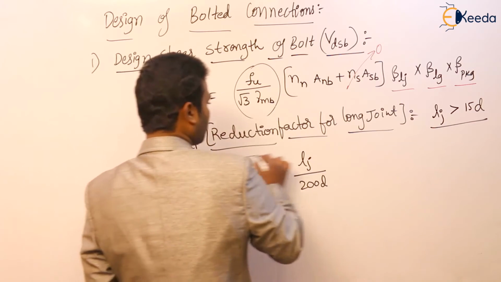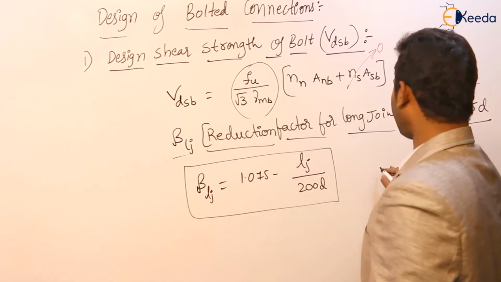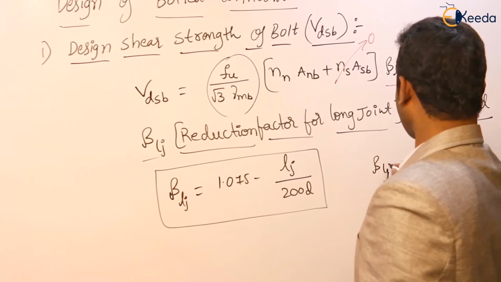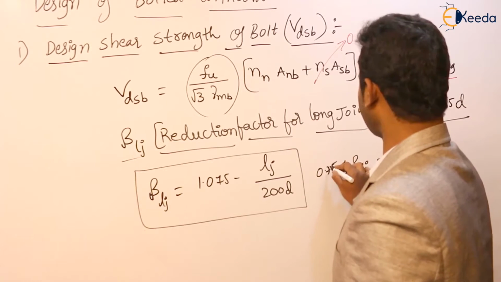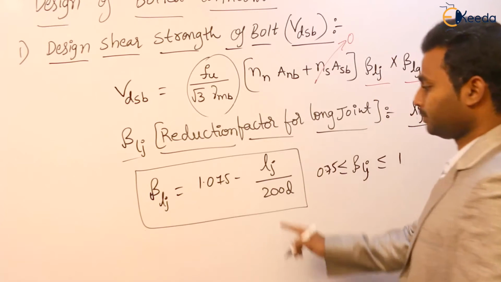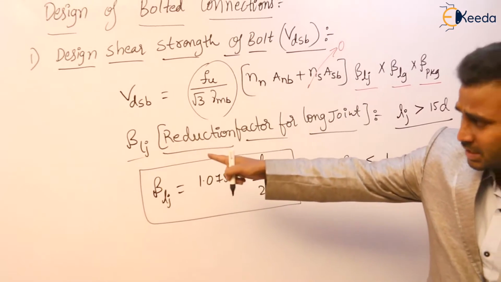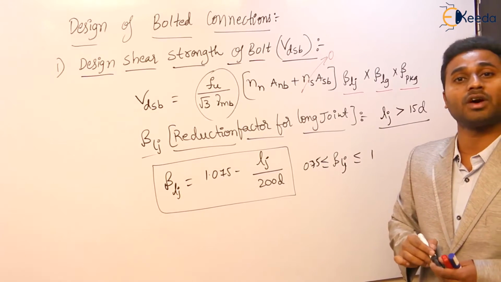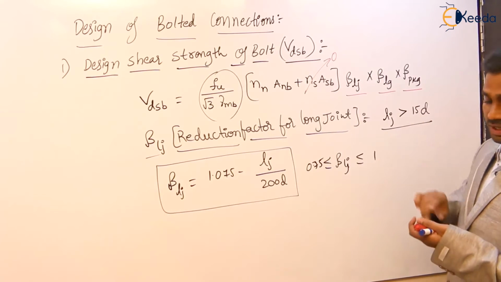This is the formula given for the reduction factor for the long joint in the code book, and that beta Lj value should lie between 1 and 0.75. This is the provision regarding long joint. We consider this beta Lj only if the length of the joint is greater than 15D.